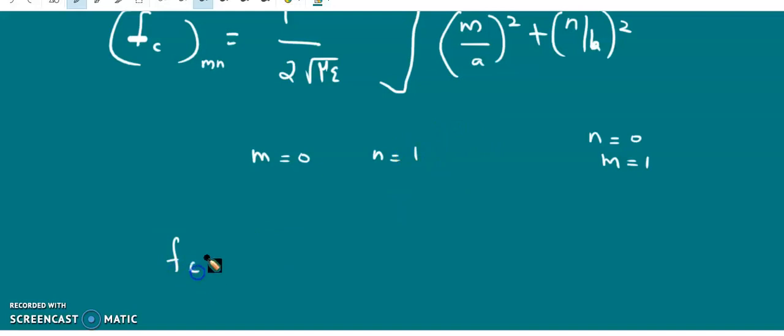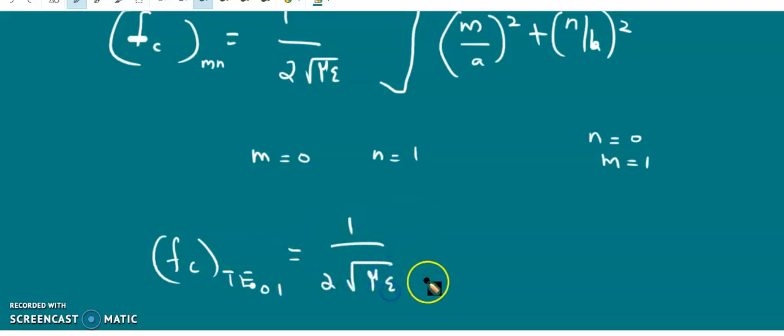For m equal to 0, n equal to 1, this corresponds to TE01 mode, and the cutoff frequency of the TE01 mode is 1 by 2 root με. Since m is 0 here, we have (n/b)². Root of (n/b)² is n/b itself.